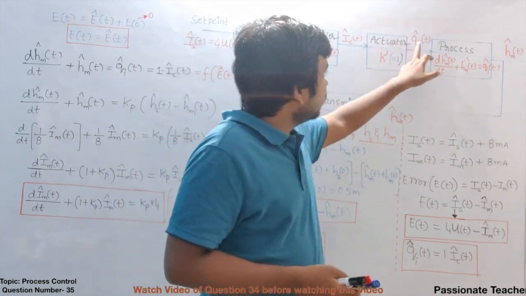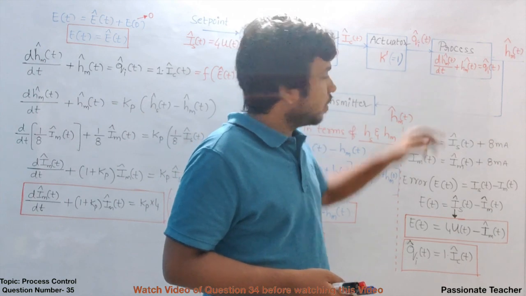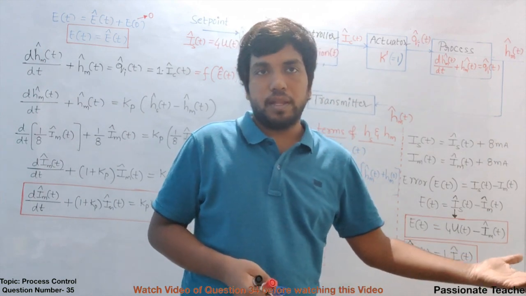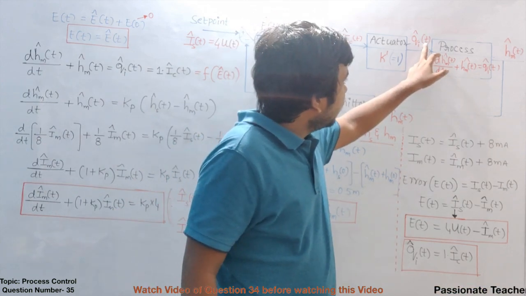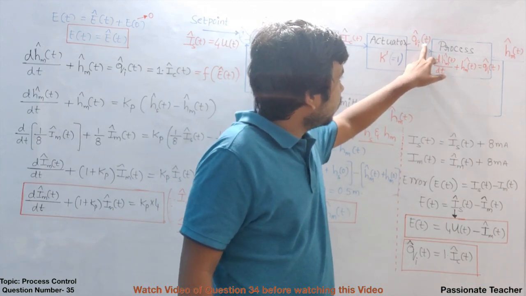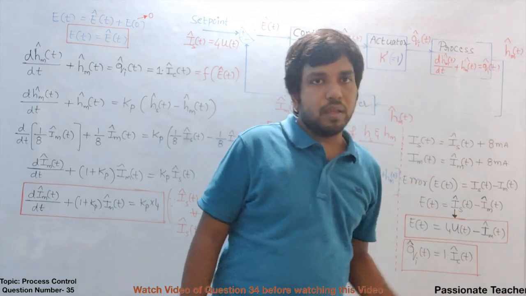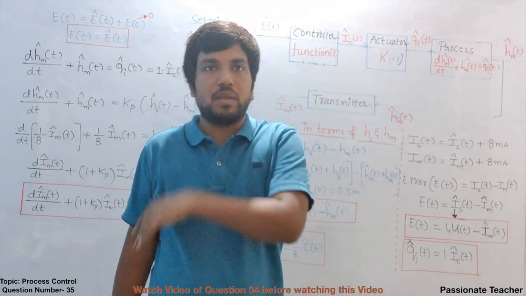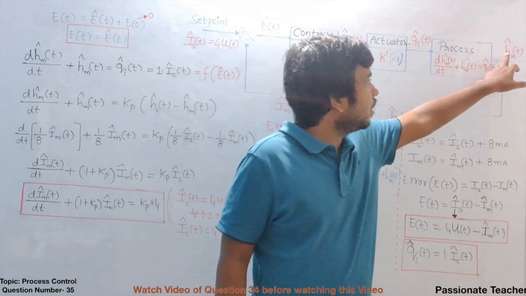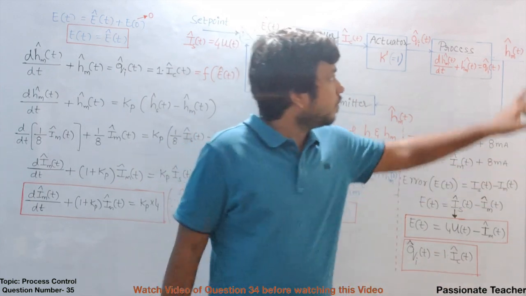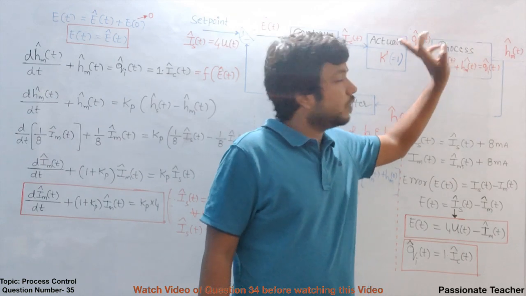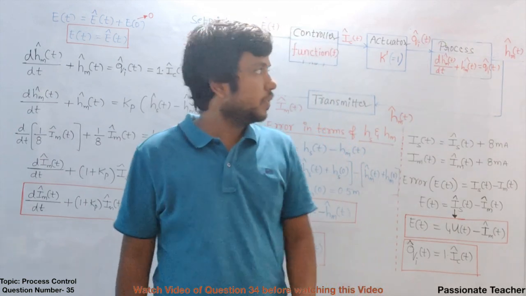Now this actuator changes the fluid flow rate entering the liquid tank, as I said in the previous example. Naturally, for different fluid flow rates, we will see different water levels in the tank. So obviously the water level in the tank, or the deviation in the water level from the steady state point, will be fully under the control of this input fluid flow rate deviation, right?